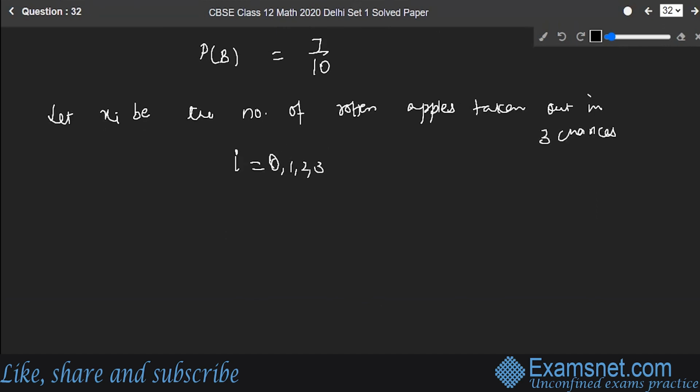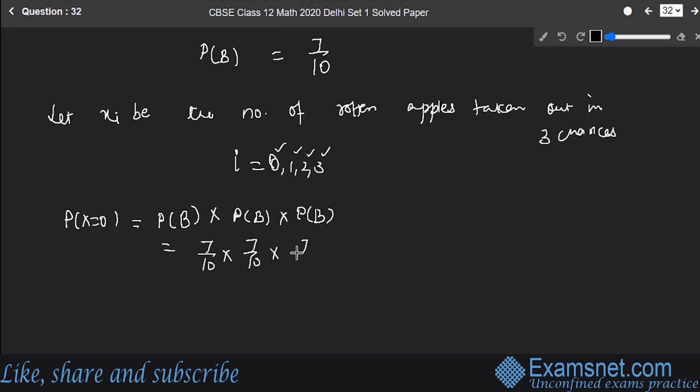The probability that no rotten apple is taken out is equal to the probability that a fresh apple is taken out 3 times. So this is equal to 7 by 10 into 7 by 10 into 7 by 10, which is equal to 343 upon 1,000.